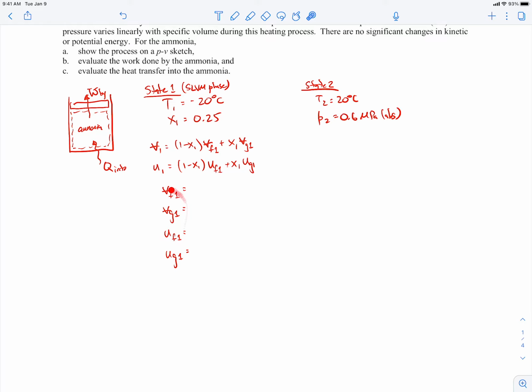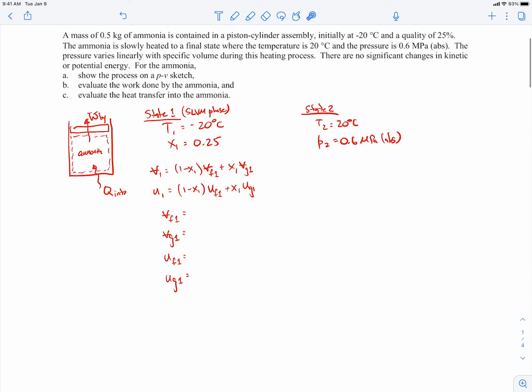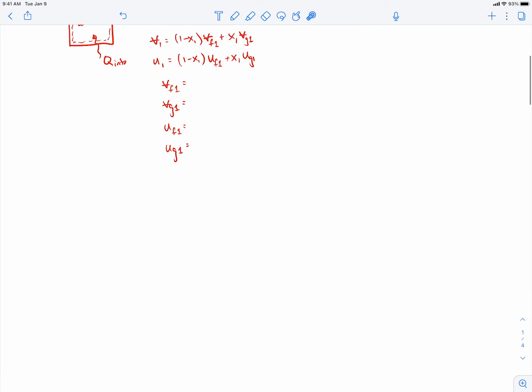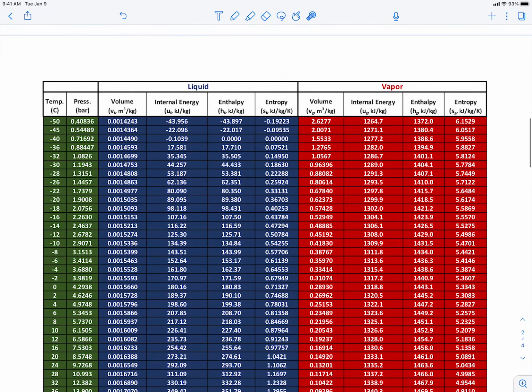So to get these, we're going to go to the property tables for ammonia, and we'll look at the one organized according to temperature, since we're given a nice round temperature there. So minus 20 degrees C, so let's go to that. So here's a table for ammonia. It's organized based on temperature. We're dealing with minus 20 degrees C. So first of all, we can get the pressure.